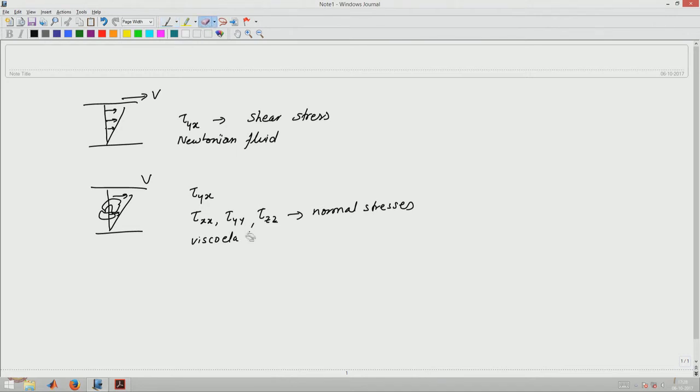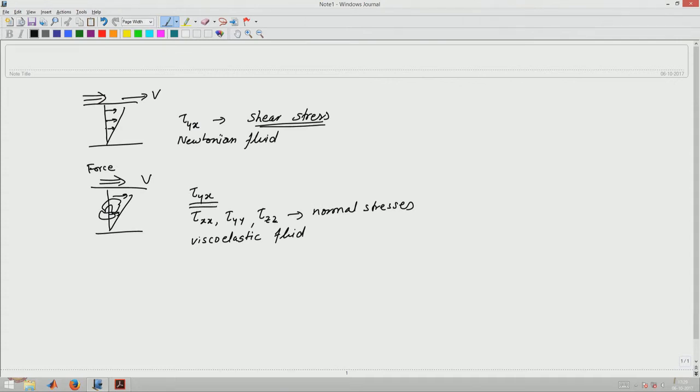And so, given this situation where the normal stresses arise, even though the only force which is being applied is leading to shear stress. So, the force which is applied for the motion is shear, and therefore, there are shear stresses in the material.